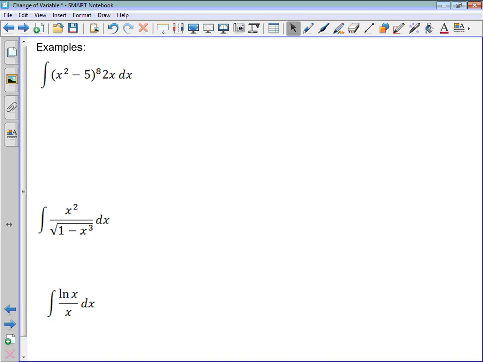We look at our integral and we think, how can we think of this as an inner function and an outer function? I've set this one up nicely so that we can think of this thing inside the brackets as our inner function. So our inner function, or our g at x, in this case is x squared minus 5.